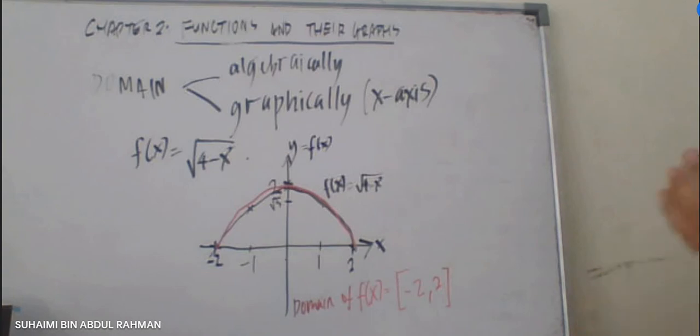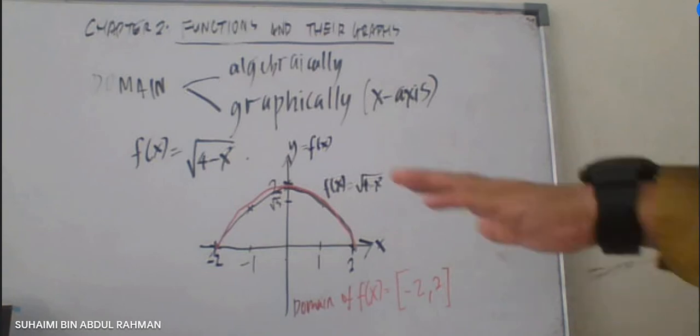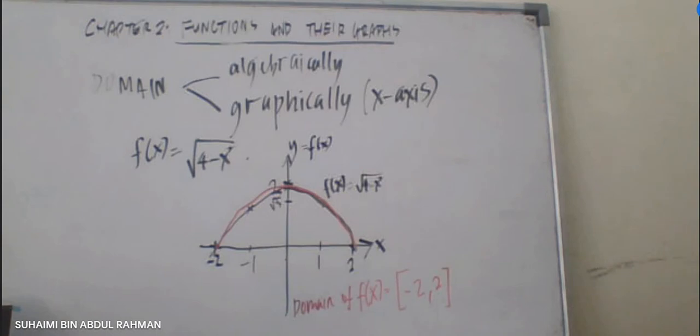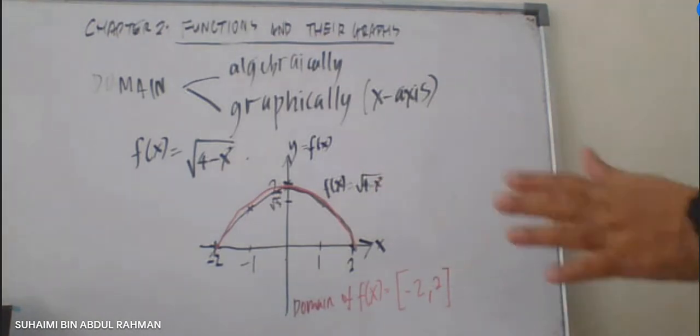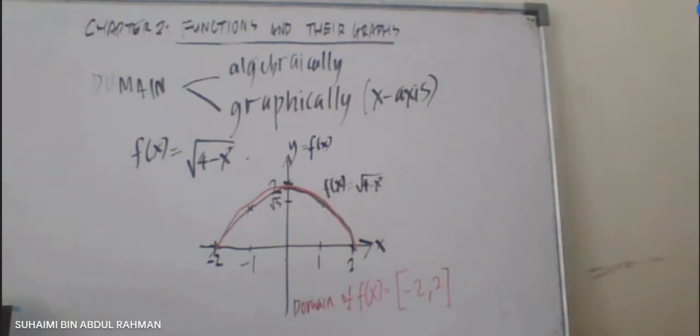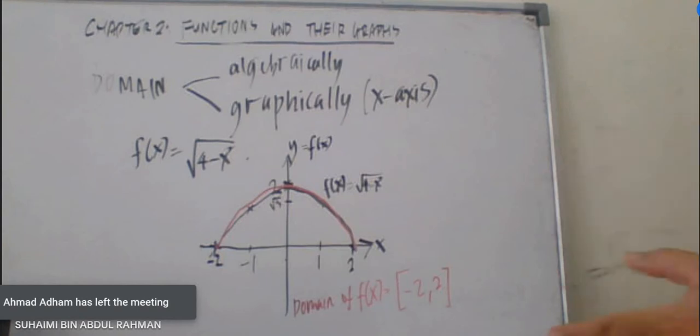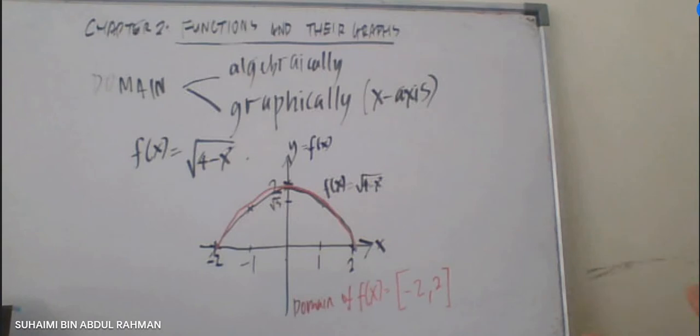So far we know how to determine things. First, to determine a function: when we talk about relations, at the beginning of the lesson we learned that not all relations represent functions. So we determine whether it represents a function or not by two methods: algebraic or graphical. For the graphical method, what's the name of the test?